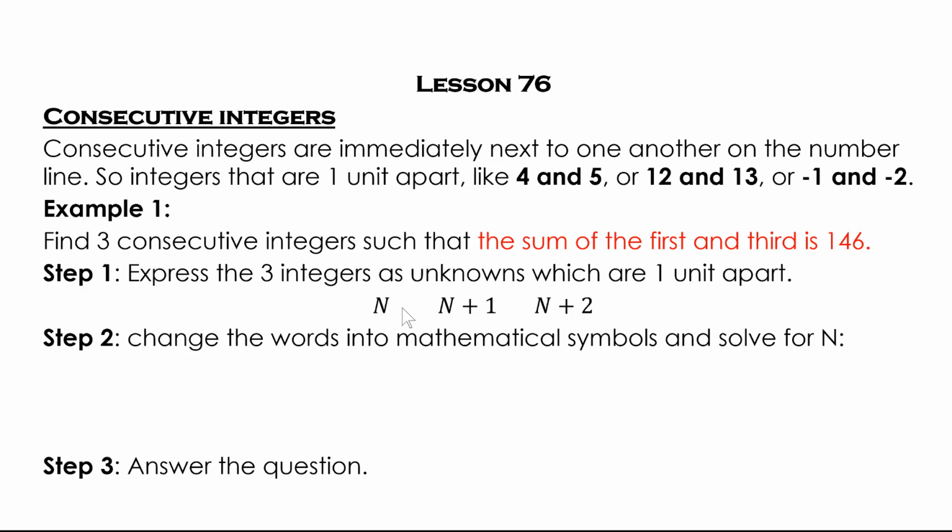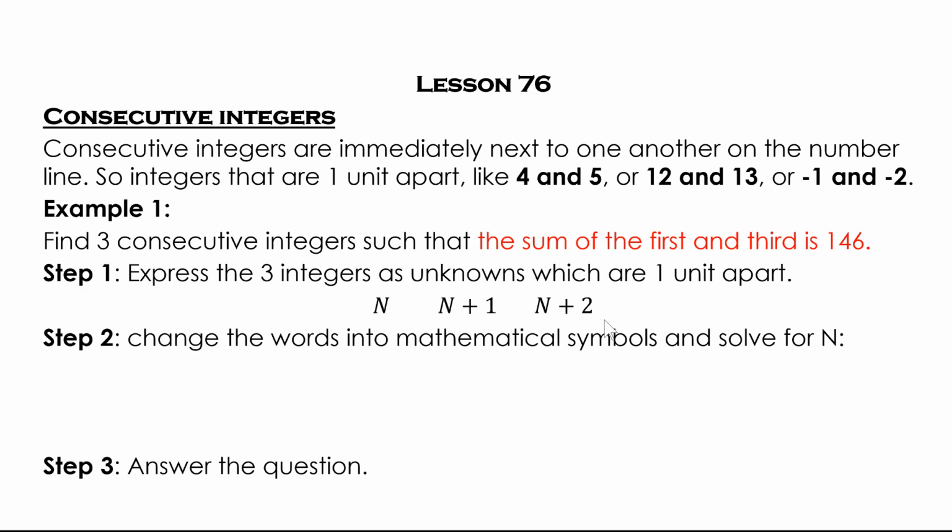The next one is going to be n plus 1 because it's right after the first one. Then the next one would be n plus 2, the next one n plus 3, and so on. In this problem, we just want 3 consecutive integers, so our 3 unknowns are n, n plus 1, and n plus 2.